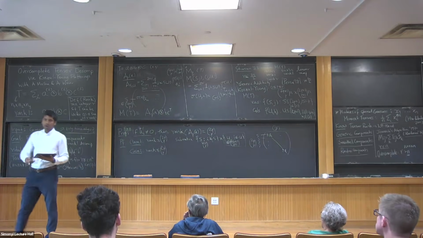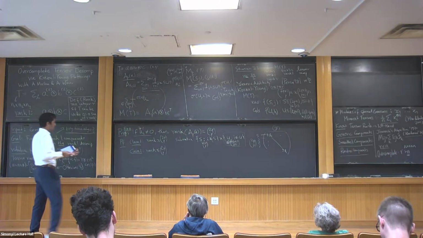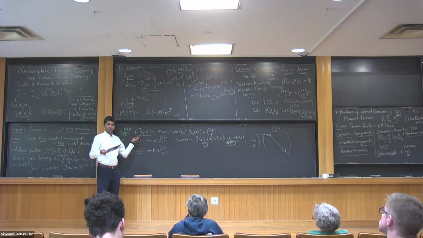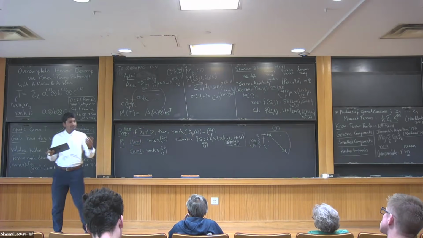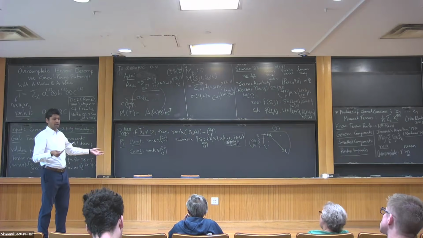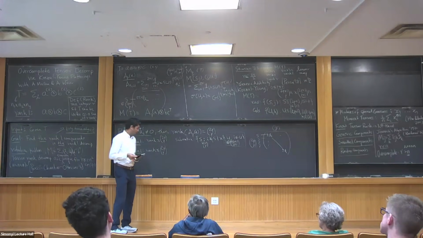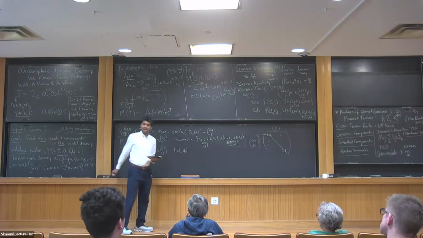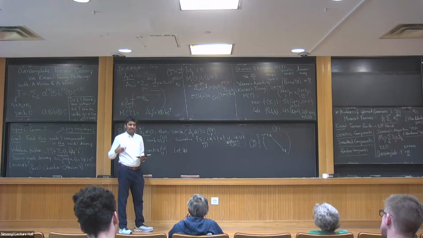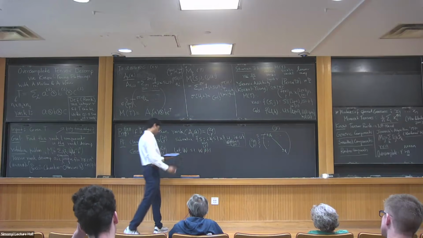Take the set of all columns where the column index contains I. Remember, I is the element such that A_I is non-zero. There are 2p choose P such columns. I'm going to write every column as a linear combination of columns from this set. Of course, if the column is in this set, I don't have anything to prove. So let W be a P plus 1 set that does not contain I.